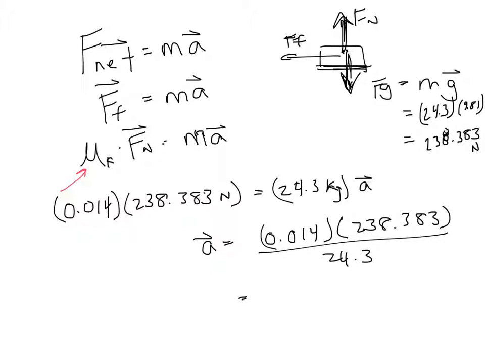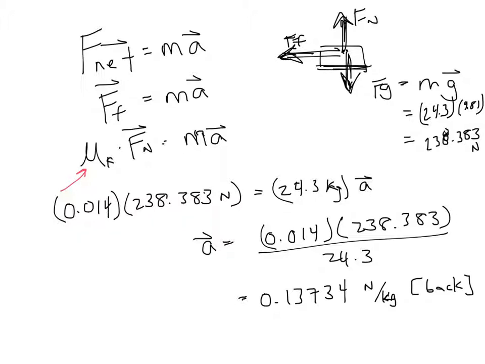Calculating the number, we get 0.13734 newtons per kilogram, and that's going to be in the backwards direction because we know that it has to be negative. It's what's slowing the object down.